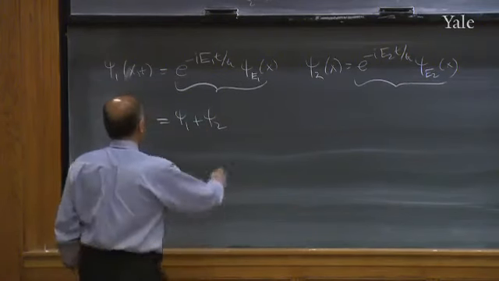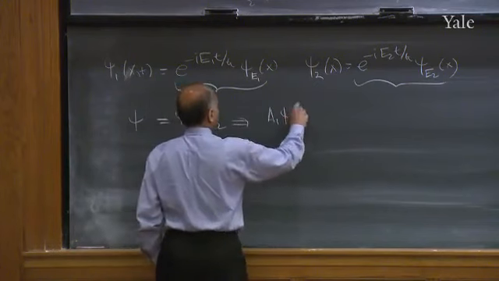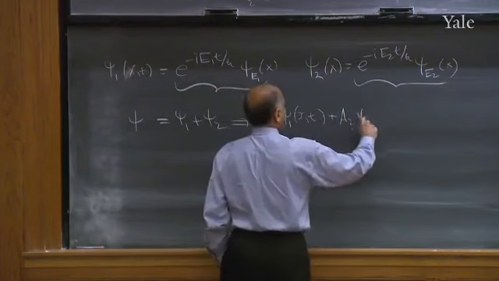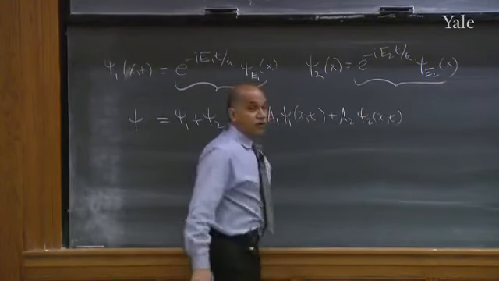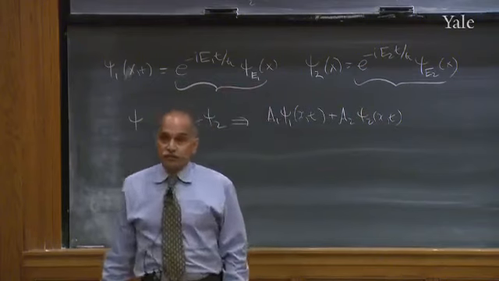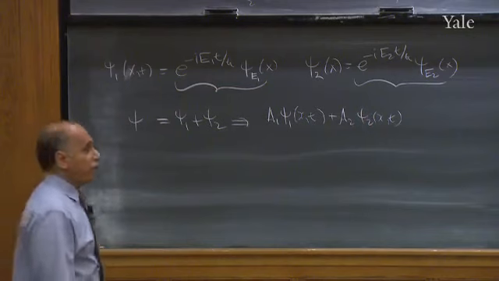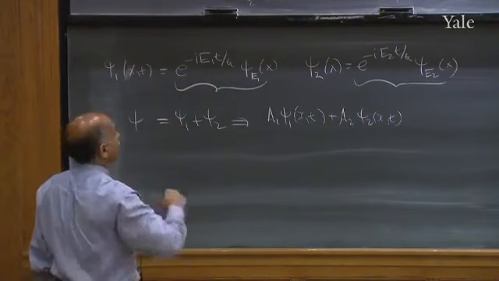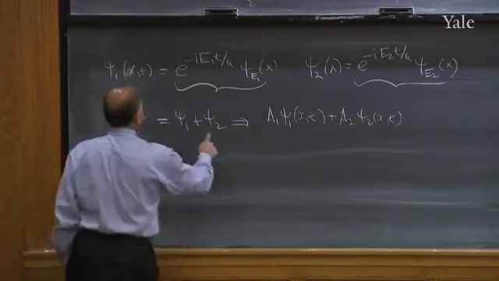Not only that, it can be even more general. You can multiply this by any constant, a1 psi 1 of x and t plus a2 psi 2 of x and t, where a1 and a2 don't depend on time, and it also obeys the Schrödinger equation. Can you see that? That's superposition of solutions. It's a property of linear equations. Nowhere does psi squared appear in the Schrödinger equation, therefore you can add solutions. But take a solution of this form.